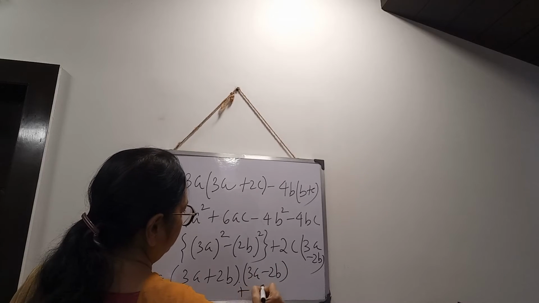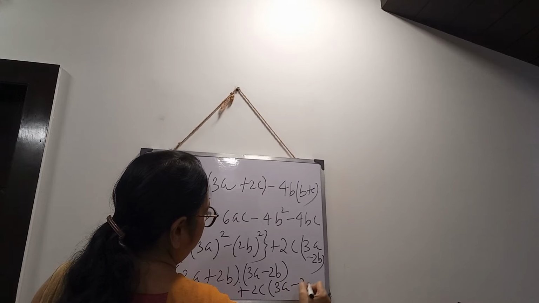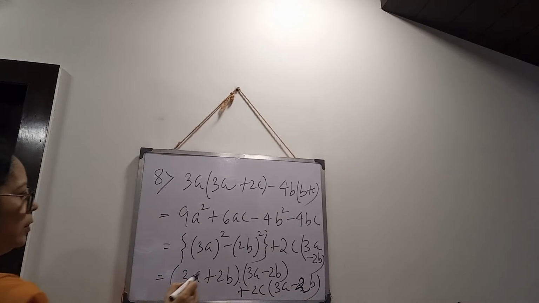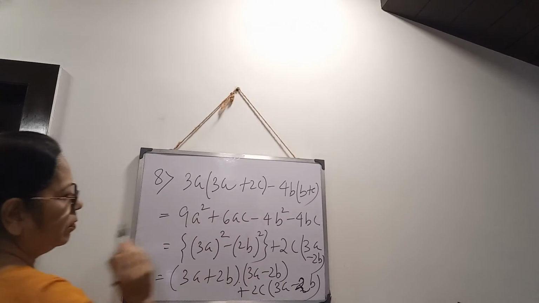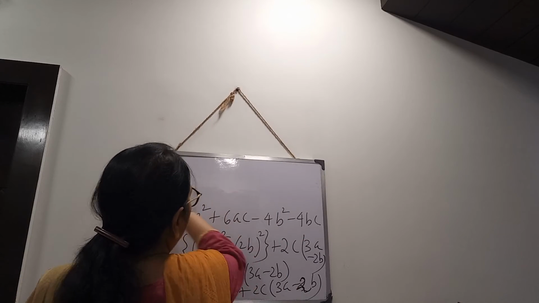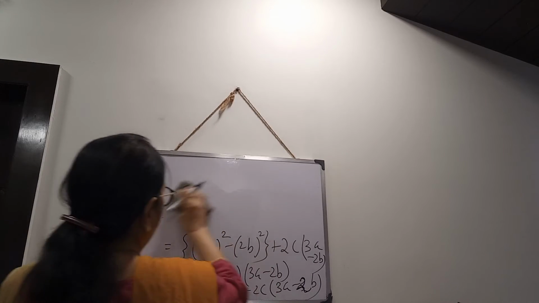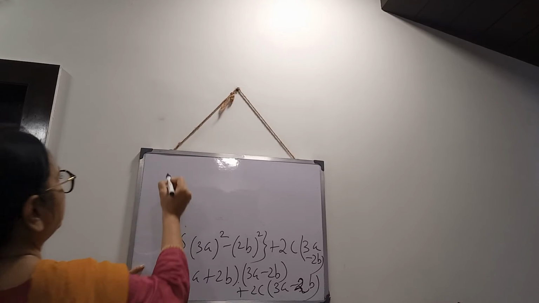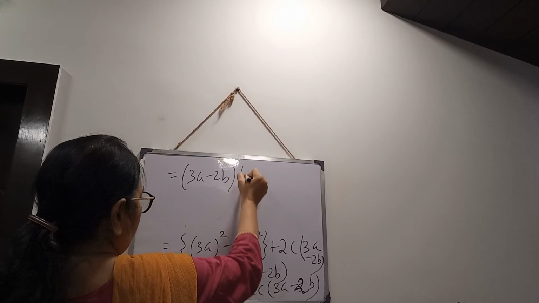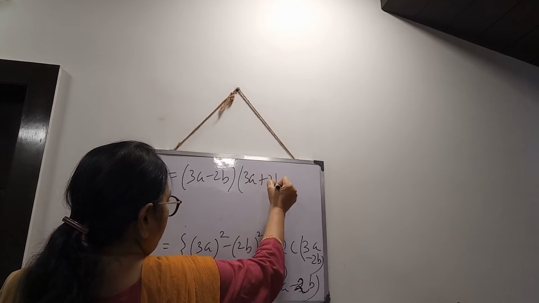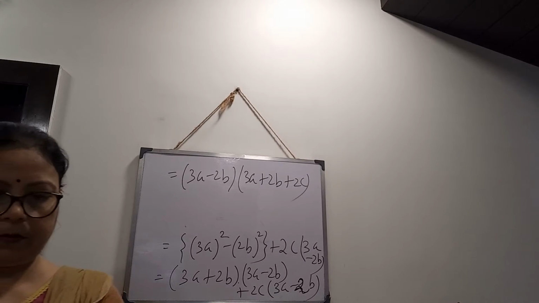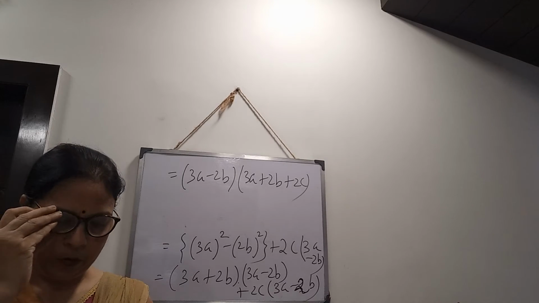And here 2c last. Then this term is common, 3a minus 2b common. These are my factors. Okay, in this way we will do.